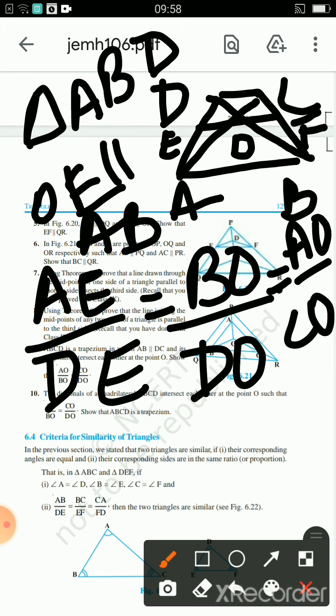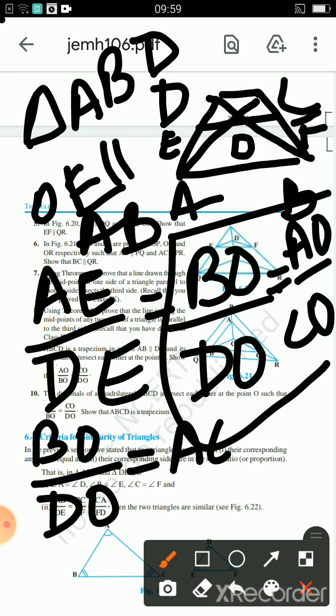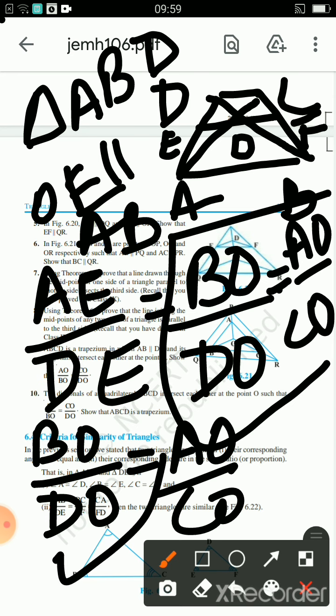You can compare both the equations and you will get BO upon DO is equal to AO upon CO. Taking BO in the denominator of AO and CO as the numerator of DO, you will get AO upon BO is equal to CO upon DO. That is what you had to prove.